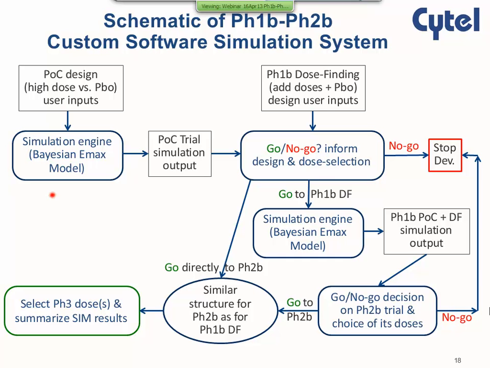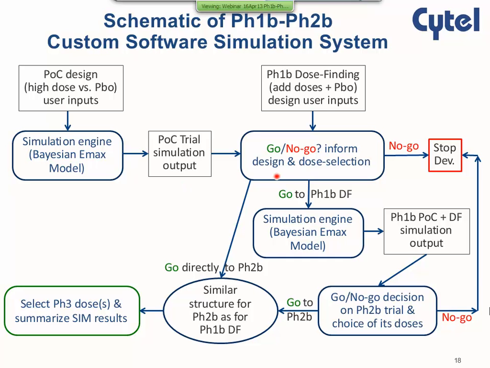So just following through this, we start with the POC user inputs. We use those to execute the simulation engine and yield the POC trial output, apply go, no-go criteria.